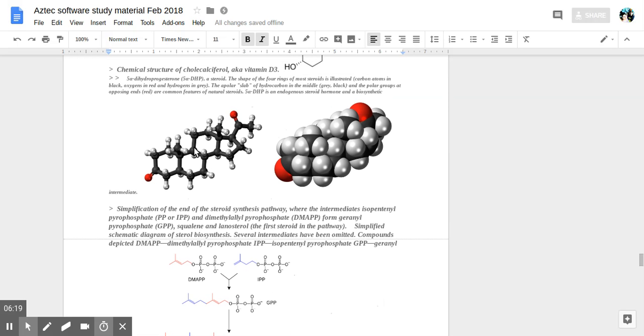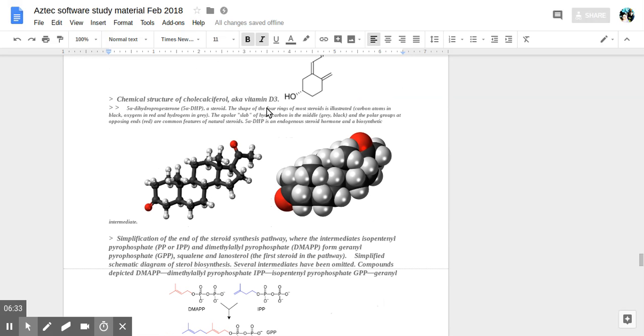Here we have a 3D representation. Dihydroprogesterone, also a steroid. The shape of the four rings is illustrated. Carbon atoms are in black, oxygen is in red, hydrogen is in light gray.